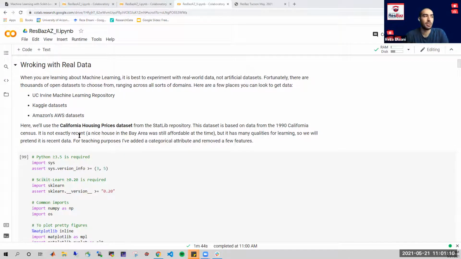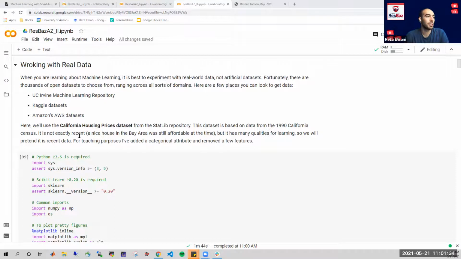Artificial data sets are really good, but as I mentioned in the previous parts, there is always a lot of noise and things like that in the data sets that you have to learn how to deal with. So working with real world data is really recommended, and there are thousands of open data sets available in different fields.